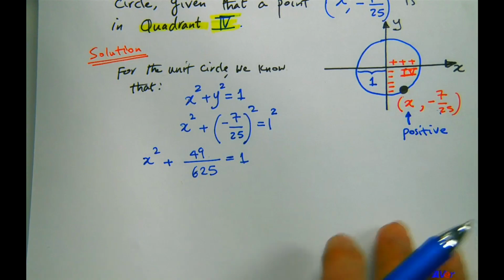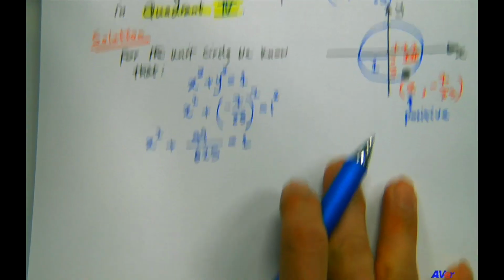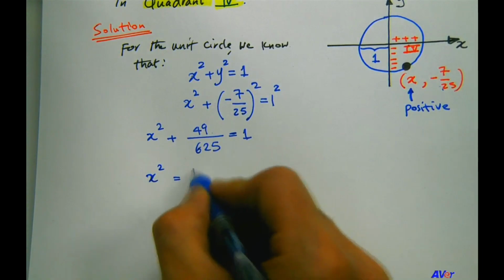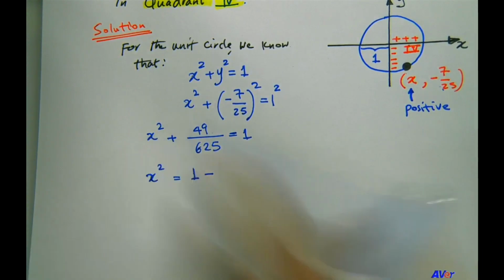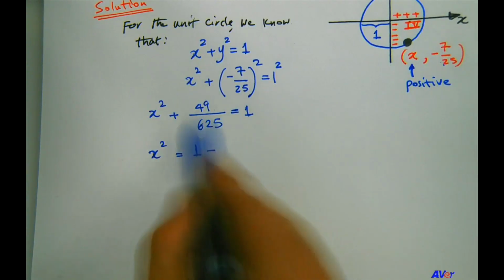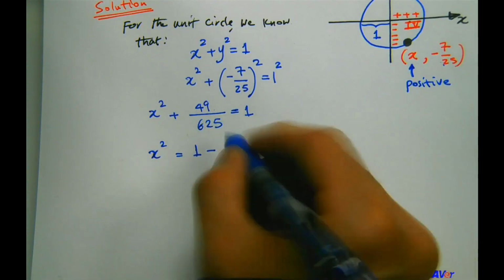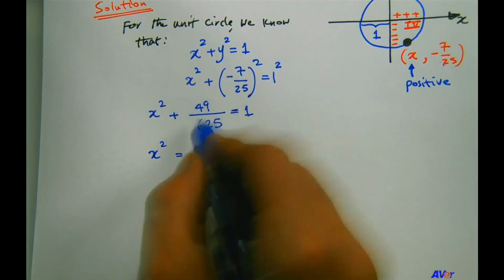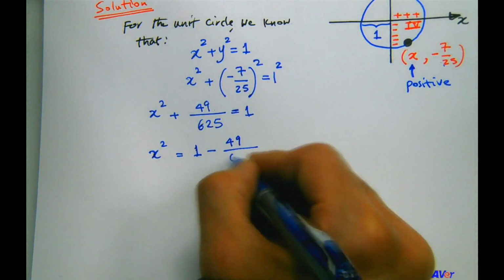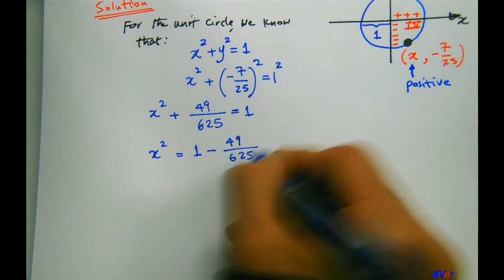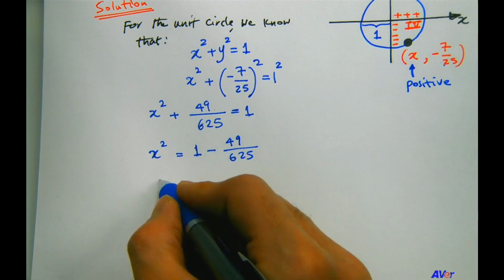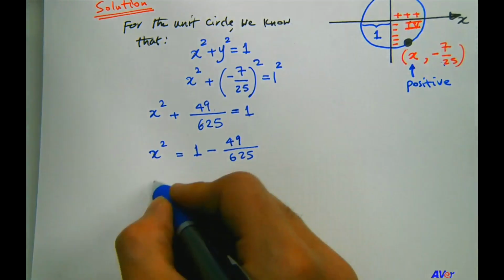Okay. So now let's solve for x squared. If we're solving for x, then we need to isolate x. So let's move 49 over 625 to the other side. When we do that, this positive becomes negative, right? 1 minus 49 over 625. And then, of course, we have to take the common denominator.